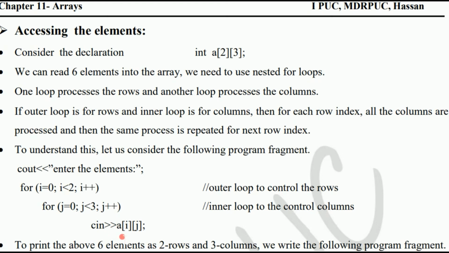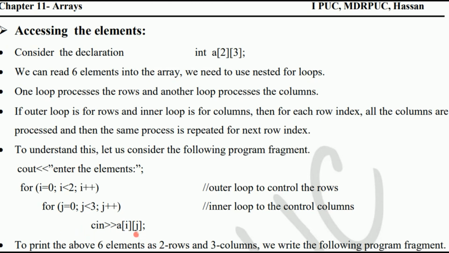Then cin, it will take I as 0 and j as 0 the first time. That means A of 0, 0. The second time, it will keep the I element as it is, since the inner for loop has to be completed.